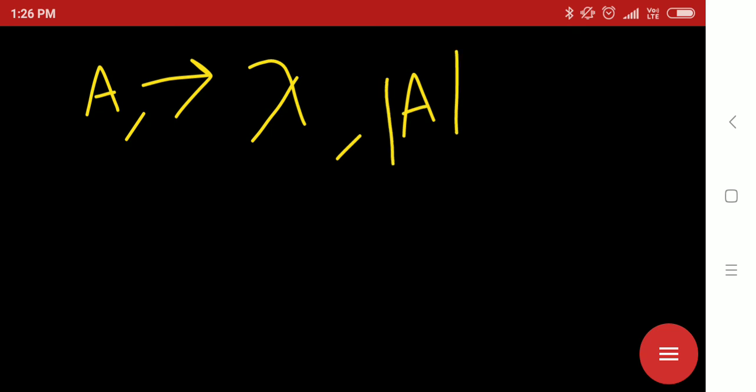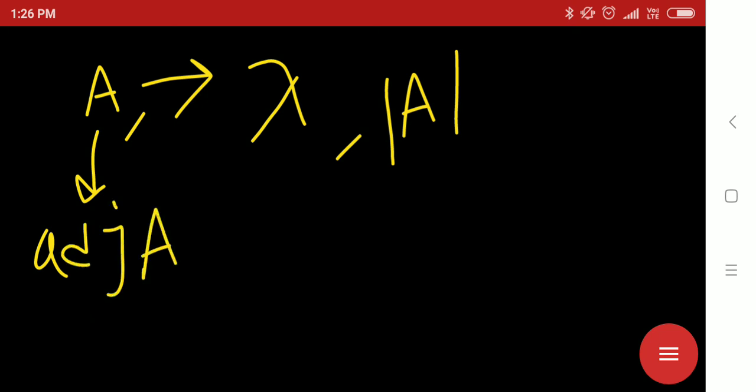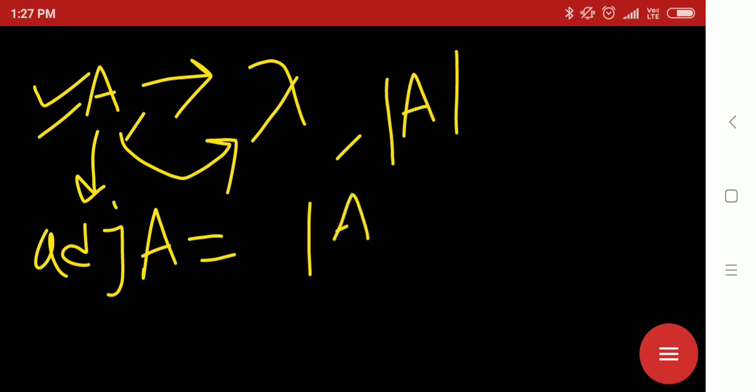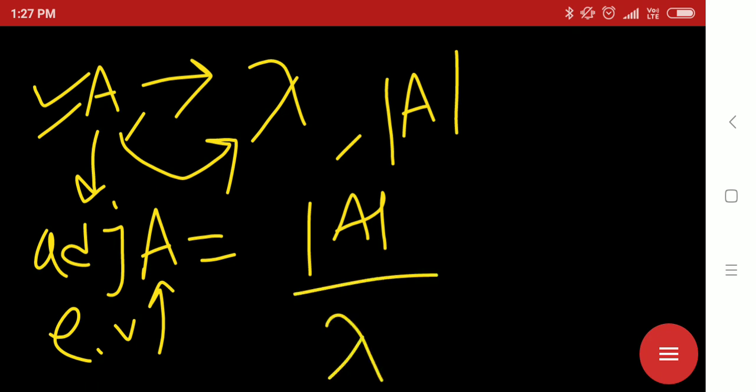If you are given a matrix A whose eigenvalue is lambda, and someone asks you what will be the eigenvalue of the adjoint of A, the formula is determinant of A by lambda.